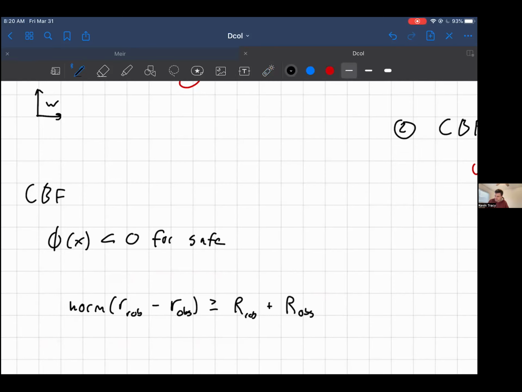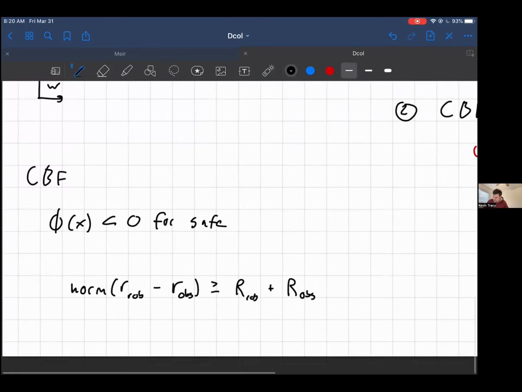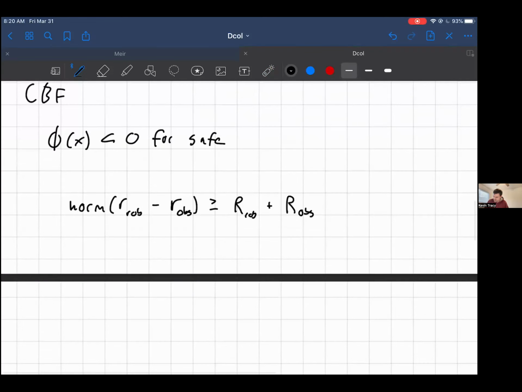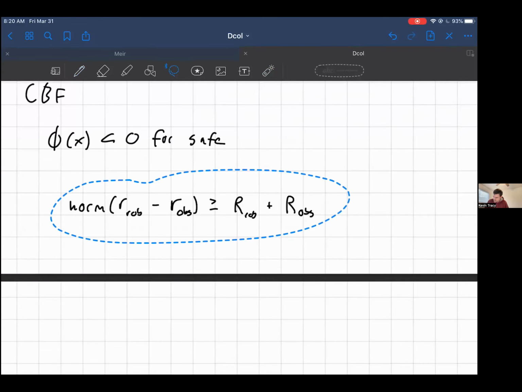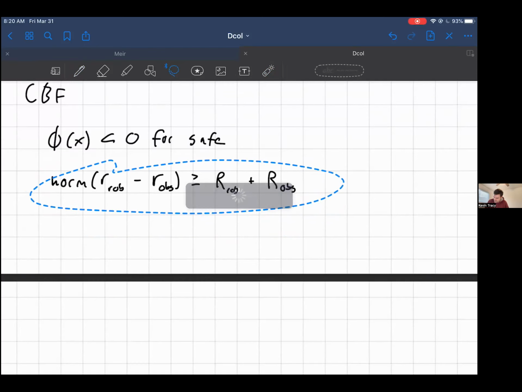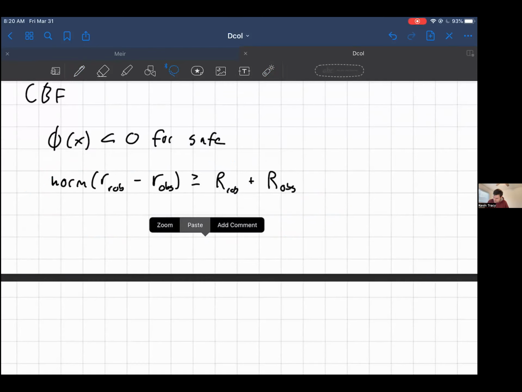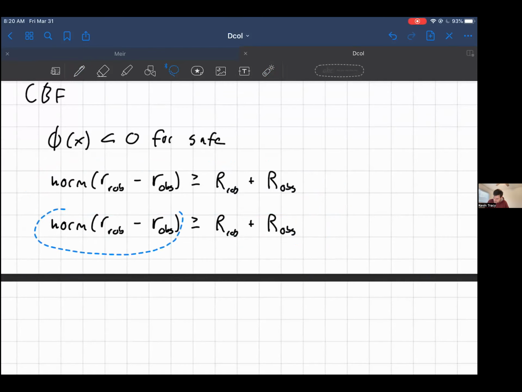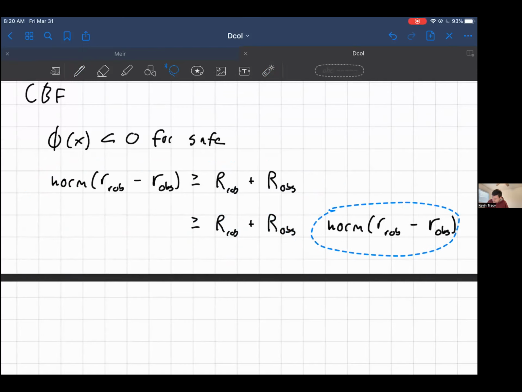Now let's convert it into this form where if it's safe, it's less than 0. Let's just rearrange this inequality, minus 0.